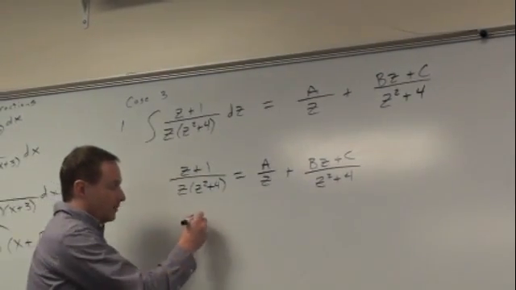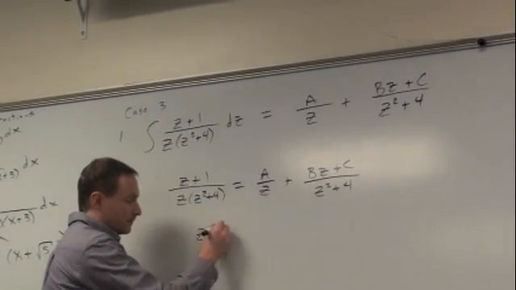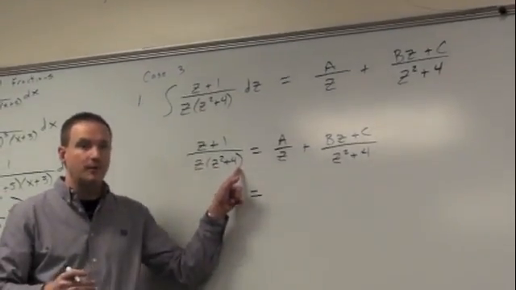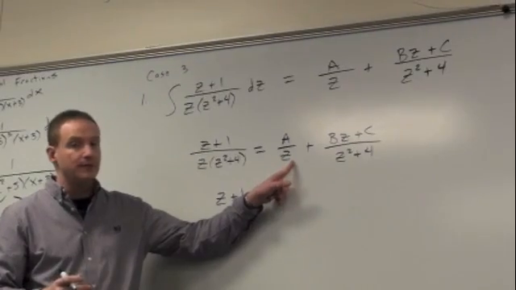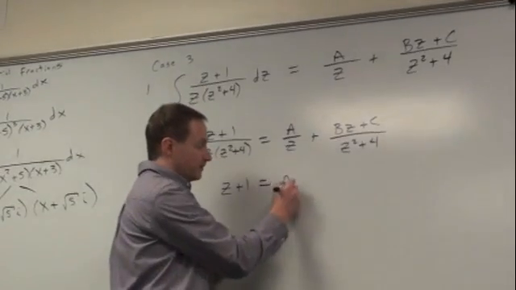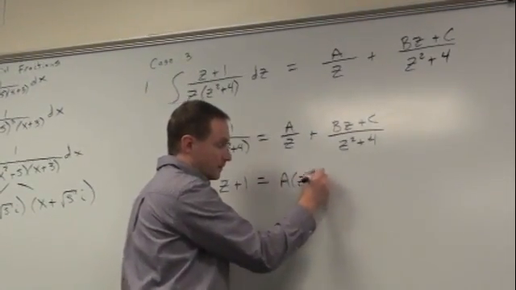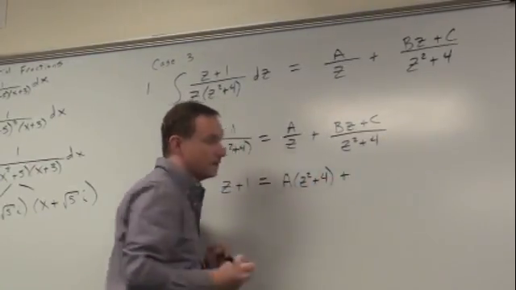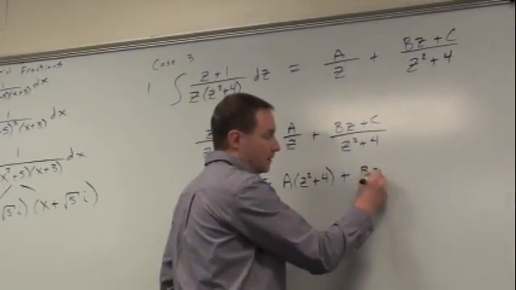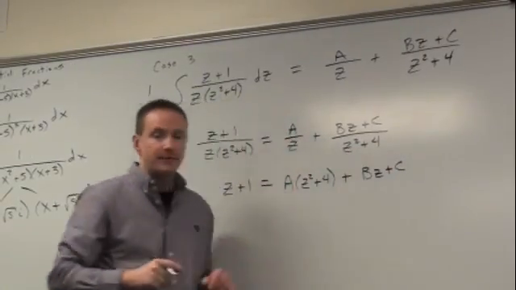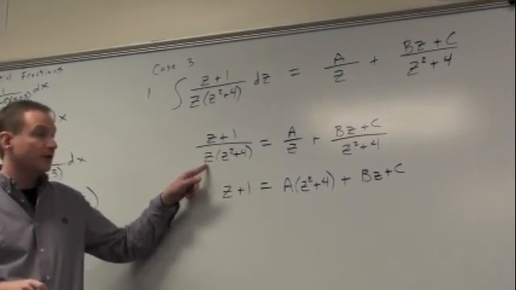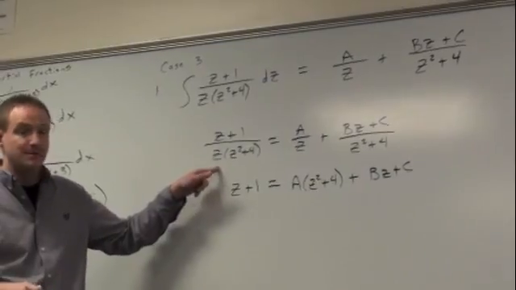Your left-hand side becomes z plus 1. On the right-hand side, in the first term, the z is going to cancel, and you'll have a times the group z squared plus 4. Plus bz plus c is being divided by the group z squared plus 4, which cancels with the term you're multiplying by, but then you would also have bz plus c times this z.